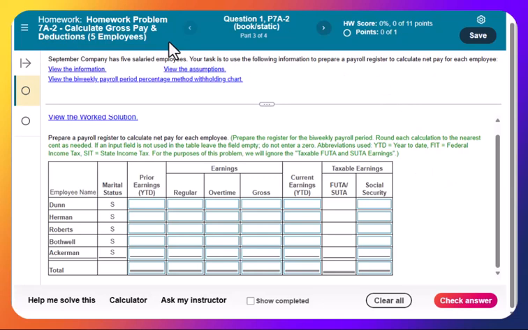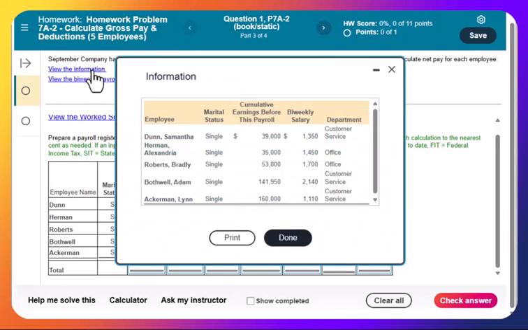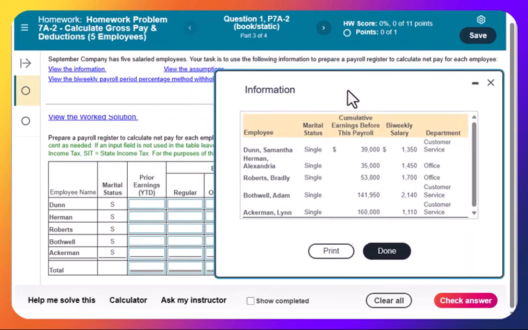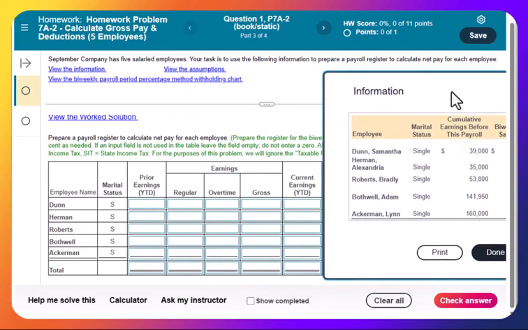So I'm going to open up this data table with the employee information. Notice here, scoot it over so we can see everything, or most of everything. Notice that single for the marital status has already been populated in this first column. Now the first column we need to work on is prior earnings year to date, right here.